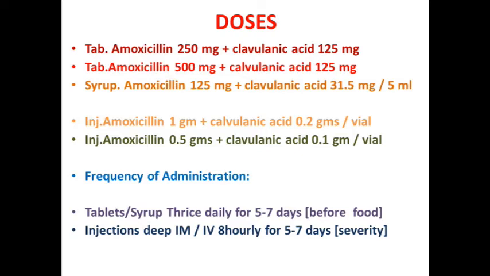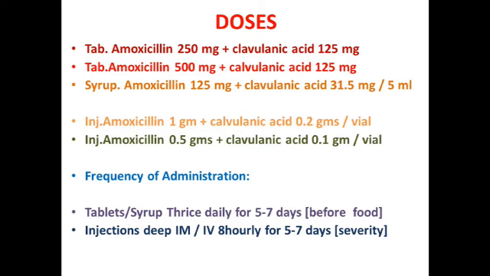Now depending upon the severity of the infection, you need to select either a tablet, or for an age group less than 5 years, maybe you want to give syrups, or if the severity is more, then maybe you want to give injections, deep intramuscular or intravenous. That's what is given. Especially I should say they are given for 5 to 7 days, but depending upon the severity, you may need to extend the therapy even to 10 to 14 days.